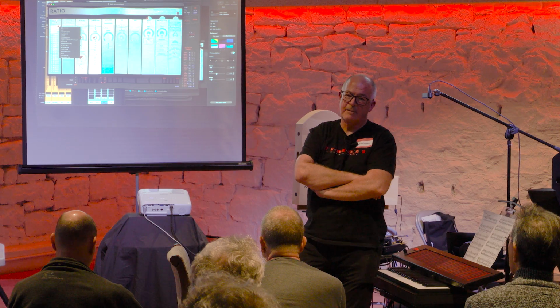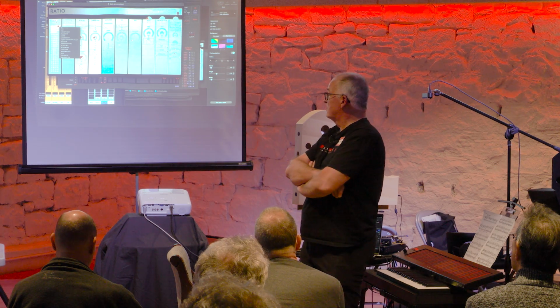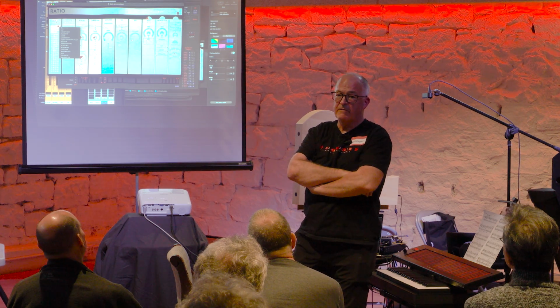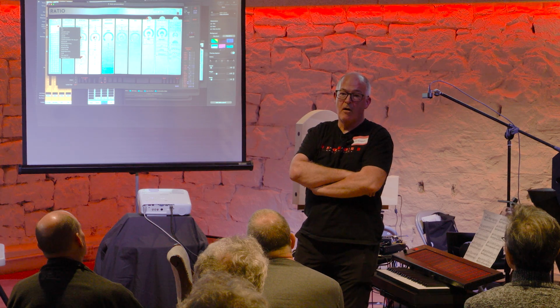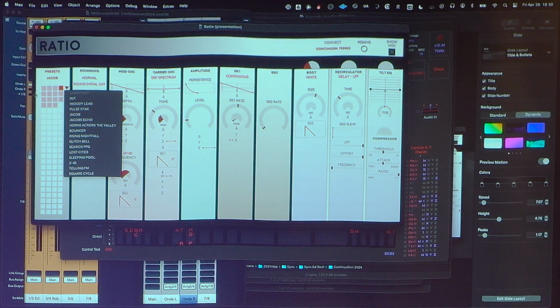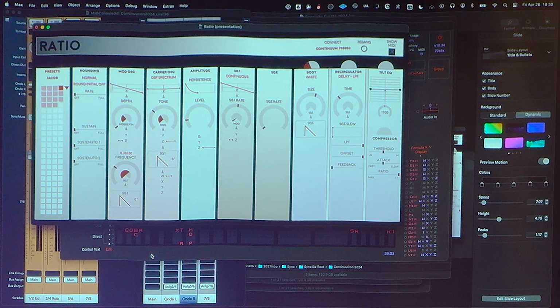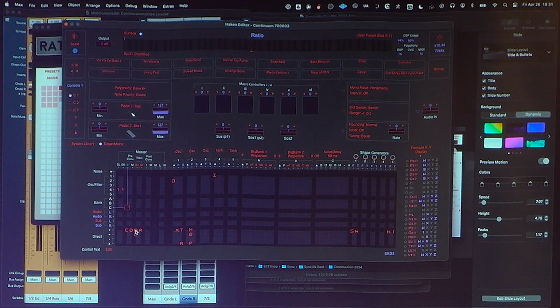And the way Lippold set up the protocol is that very specific aspects of the design are available and addressable by MIDI. For instance, here's one thing I was going to do: you can have the convolution pre-reverb or post.